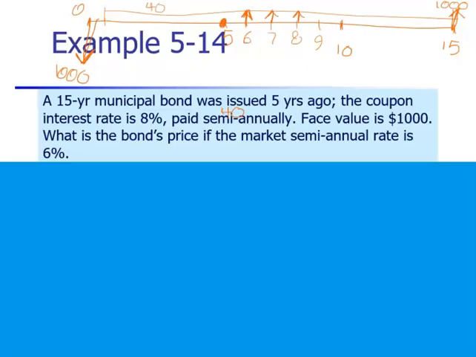But the logic of bonds is very interesting, classic examples in any financial classes. So now we have this, and it says what is the bond's price if the market semi-annual rate is 6%.